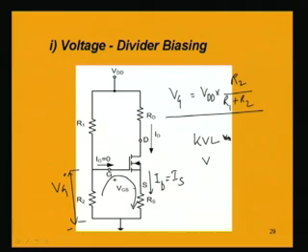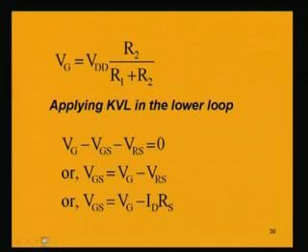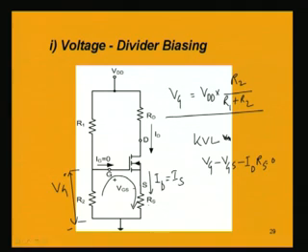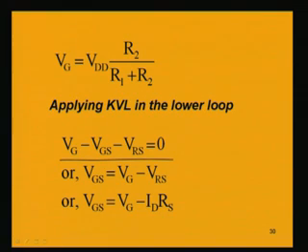Now if we write Kirchhoff's voltage law in this loop, it will be Vg minus Vgs minus ID into Rs equal to 0. So, that is what is written here: Vg minus Vgs minus Vrs, meaning the voltage across the resistance Rs, is equal to 0 using Kirchhoff's voltage law.